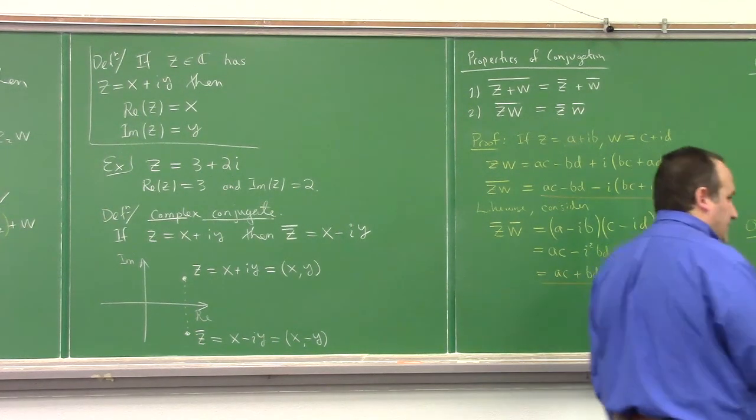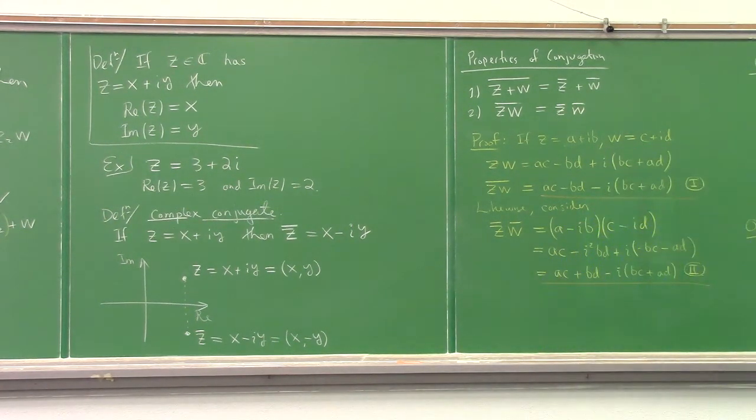And of course, the cross terms in the middle cancel out, and what are we left with? x squared plus y squared, which is what? Right, it's the modulus, or the length of the complex number, squared.